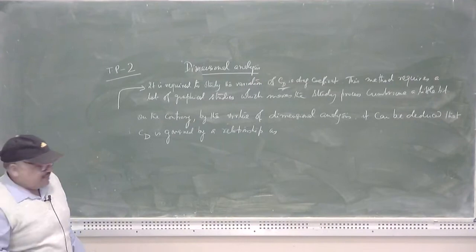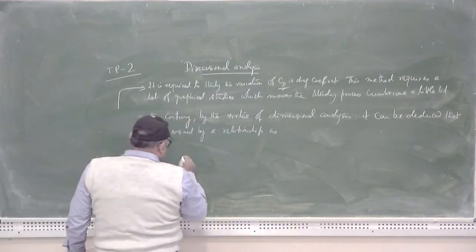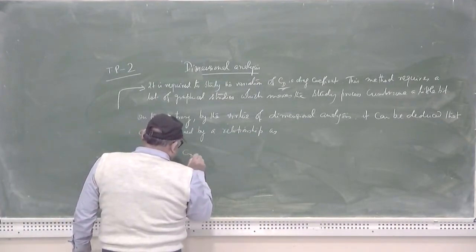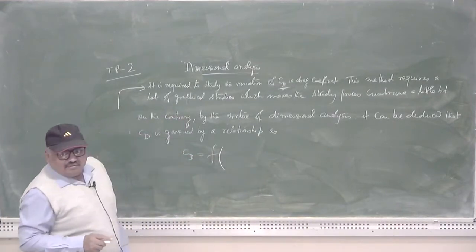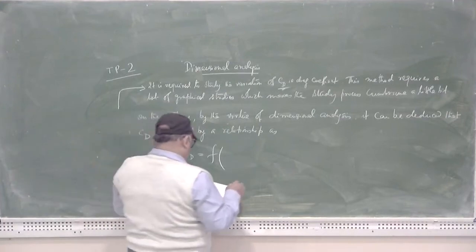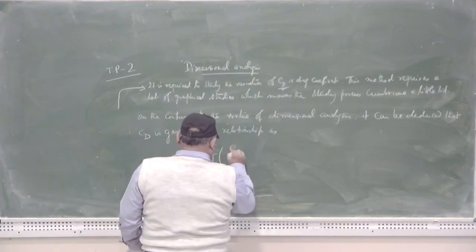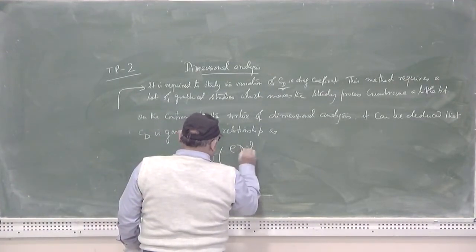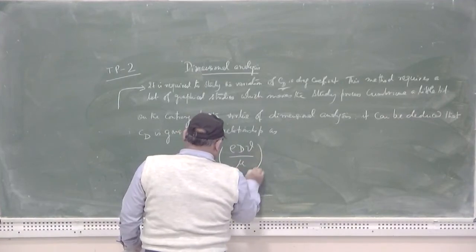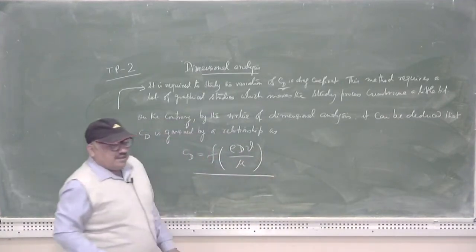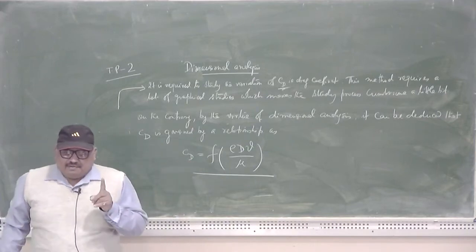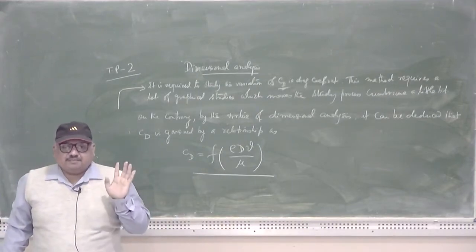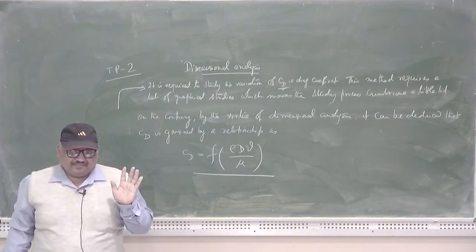You can easily see that the CD is a function of rho dV by mu. This is the thing which you can arrive by applying the principles of dimensional analysis.